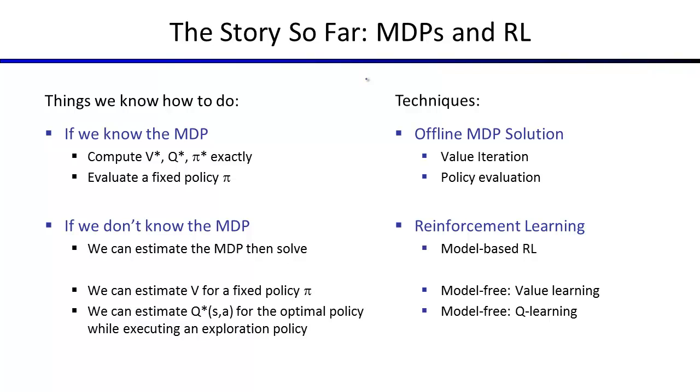Okay, where are we at so far? We've seen what to do if we know the MDP. We can find an optimal policy offline through value iteration or policy iteration. If we don't know the MDP, we've seen many methods today for how to deal with it. So what's left?